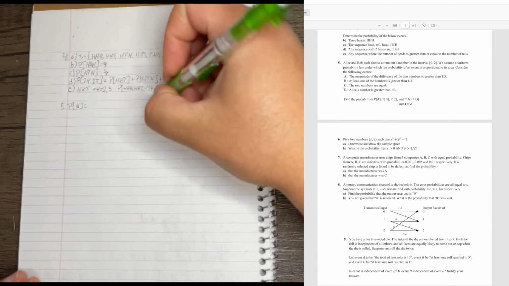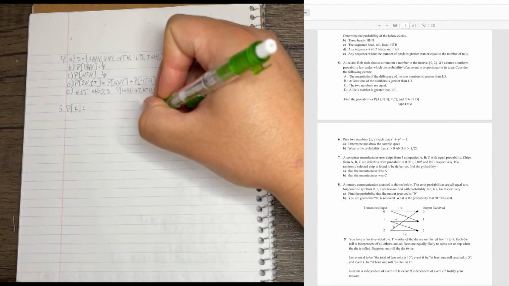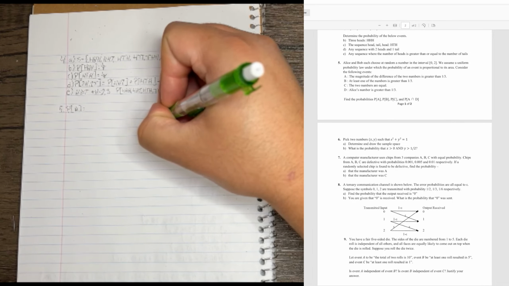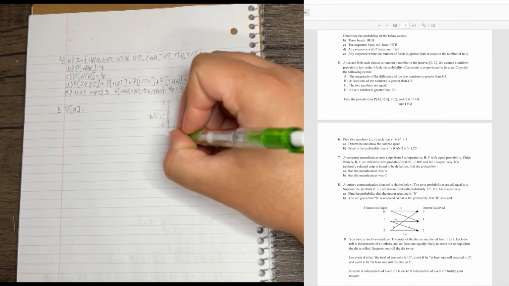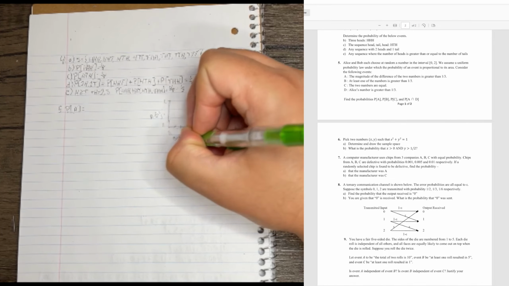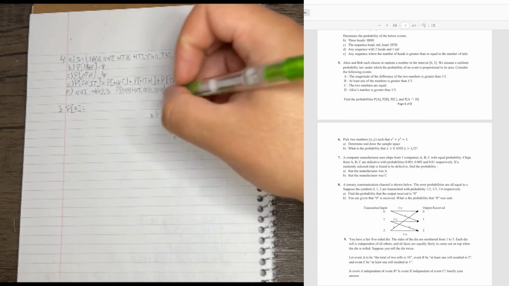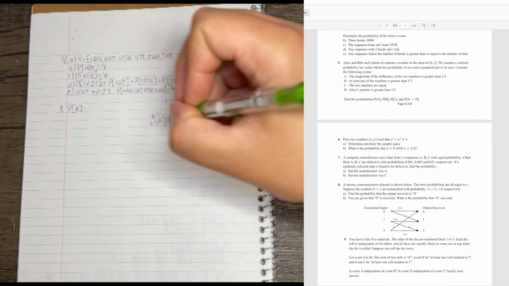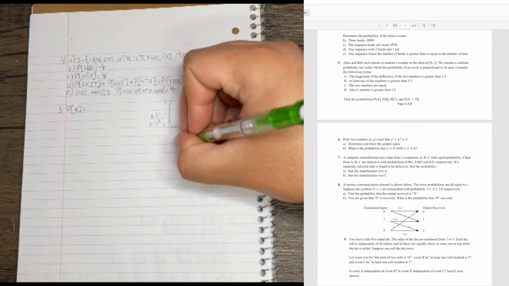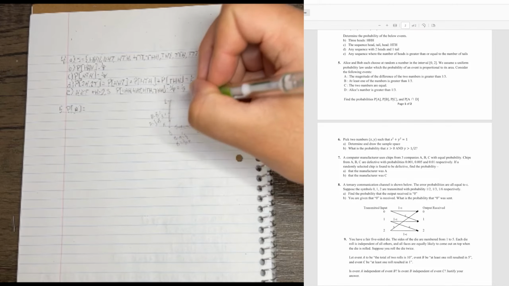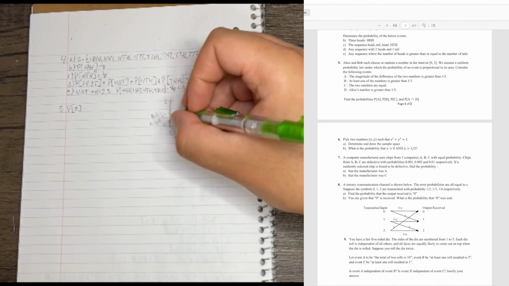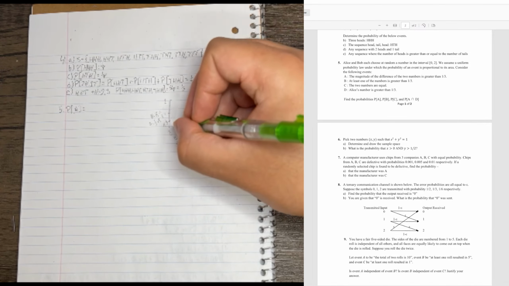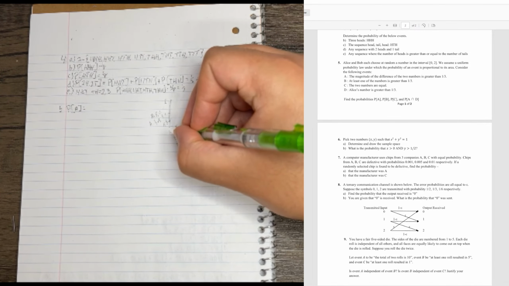So let's say we have our A minus B is equal to 1/3. B minus A is equal to 1/3. B is equal to 1/3 plus A. So we start at 1/3.